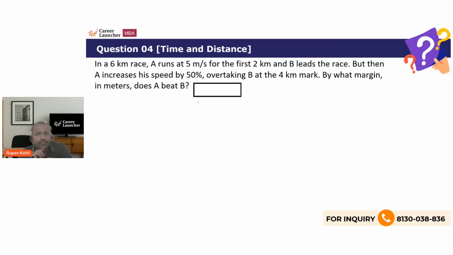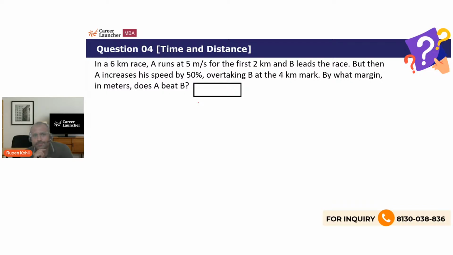It would be good if we could somehow figure out the speed at which B is running. Understand one thing. After 4 kilometers, A and B both have reached the same point. They started at the same time, and they are at the 4-kilometer mark together at the same time.